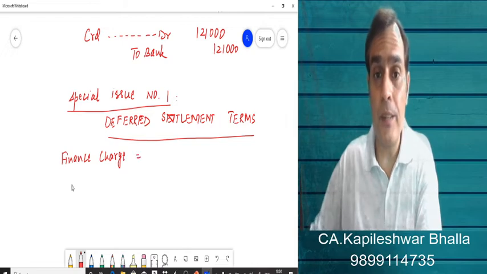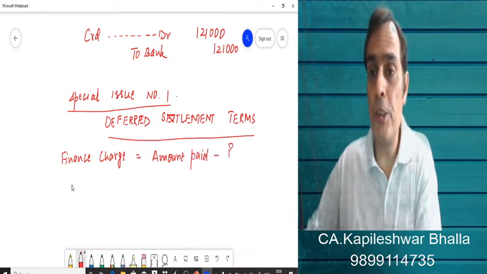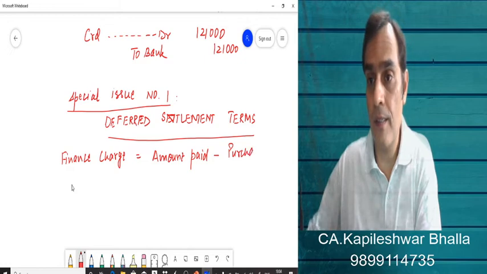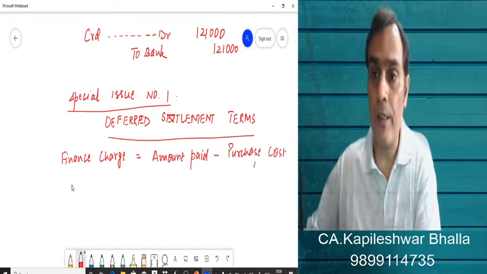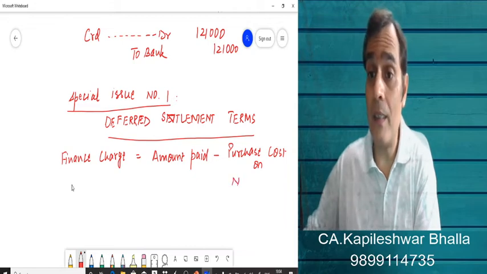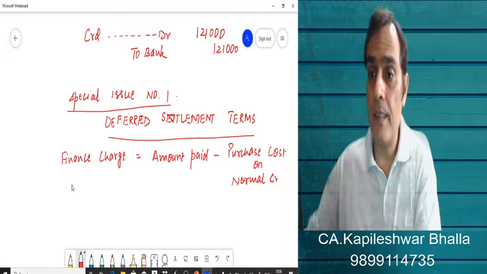You need to compare the difference between the amount paid minus the purchase cost on normal credit terms. Mind the words, it says normal credit terms.